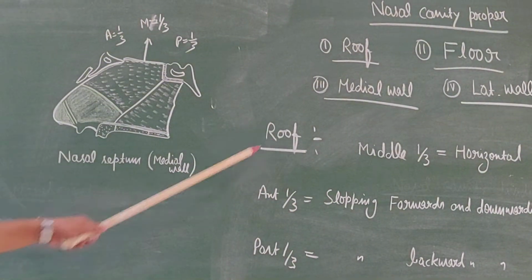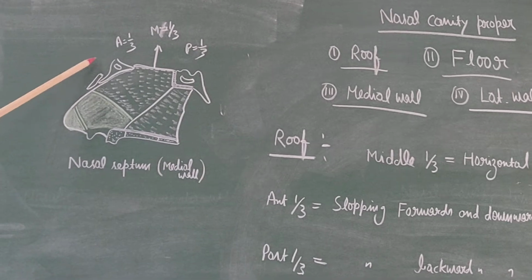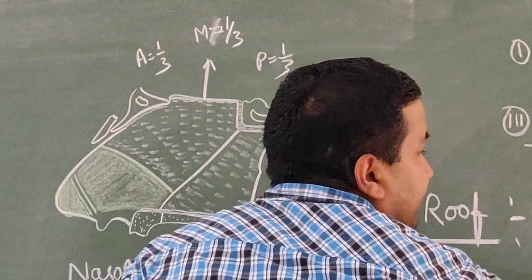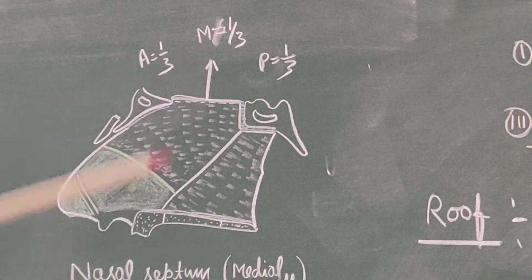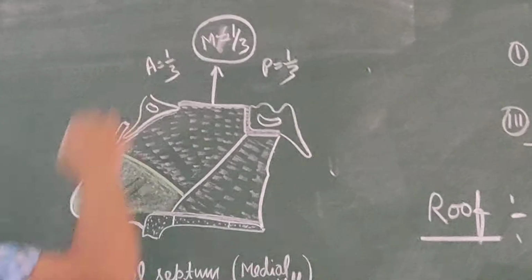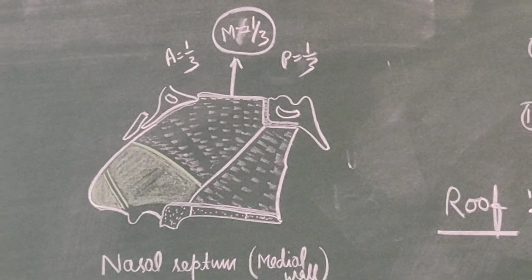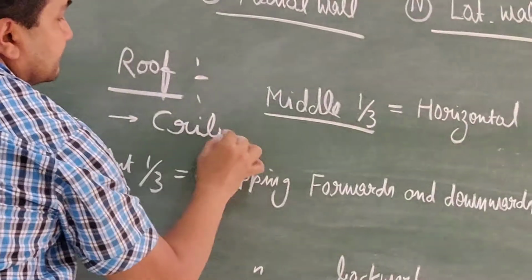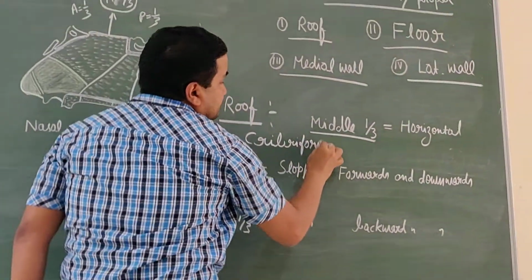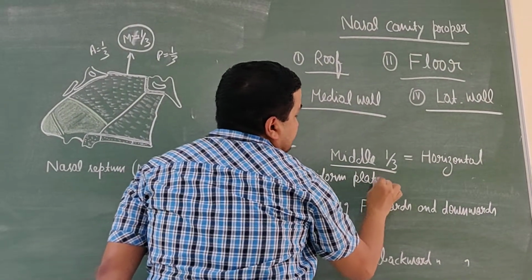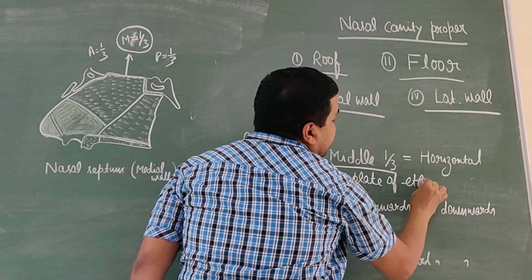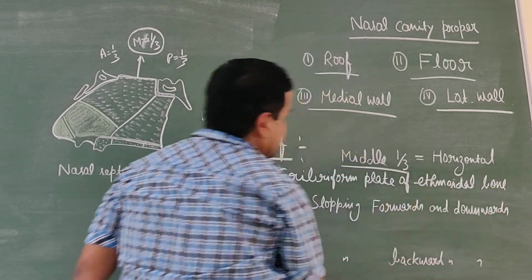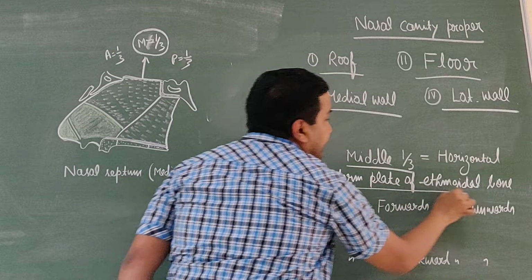First of all, the roof. If you see the middle 1/3, it is almost horizontal, and it is formed by the cribriform plate of the ethmoidal bone.